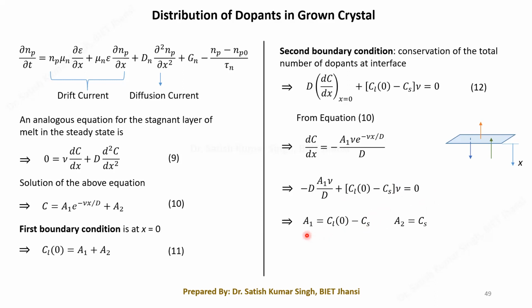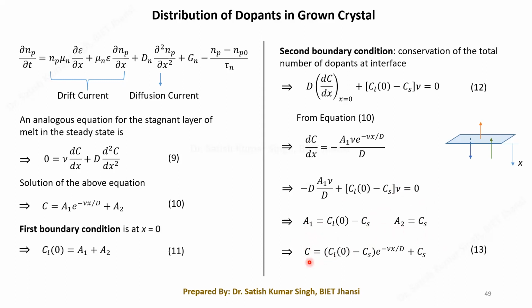You will get A1 equals CL0 minus CS, and then you can calculate A2 equals CS. It is very simple to do the calculation. Now you can see the equation of C after substituting A1 and A2.